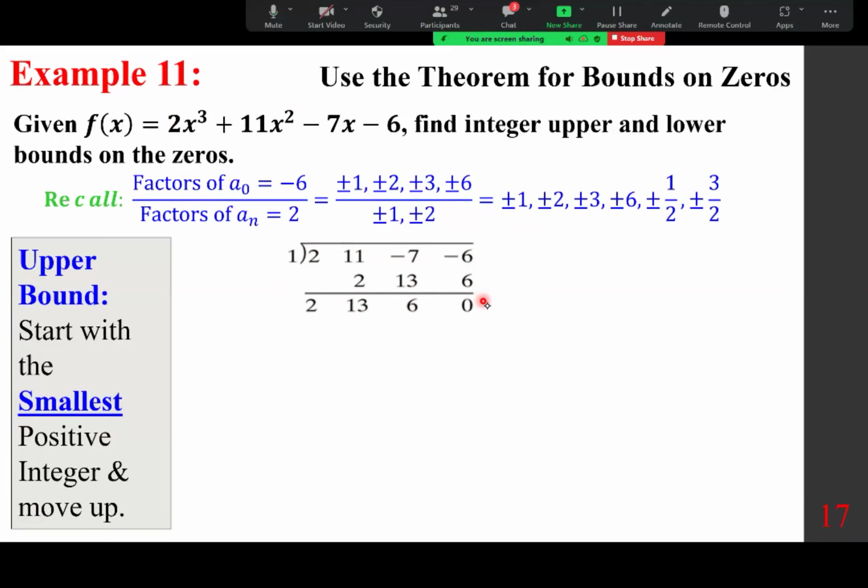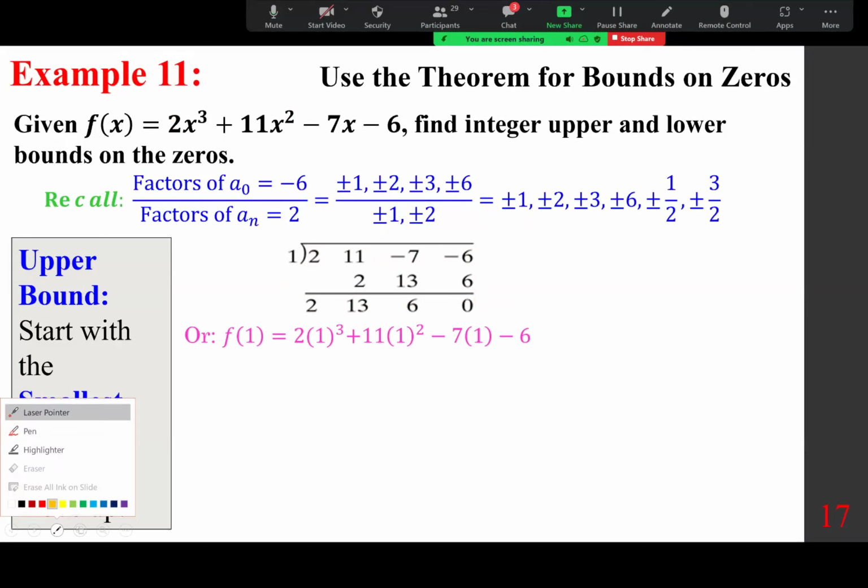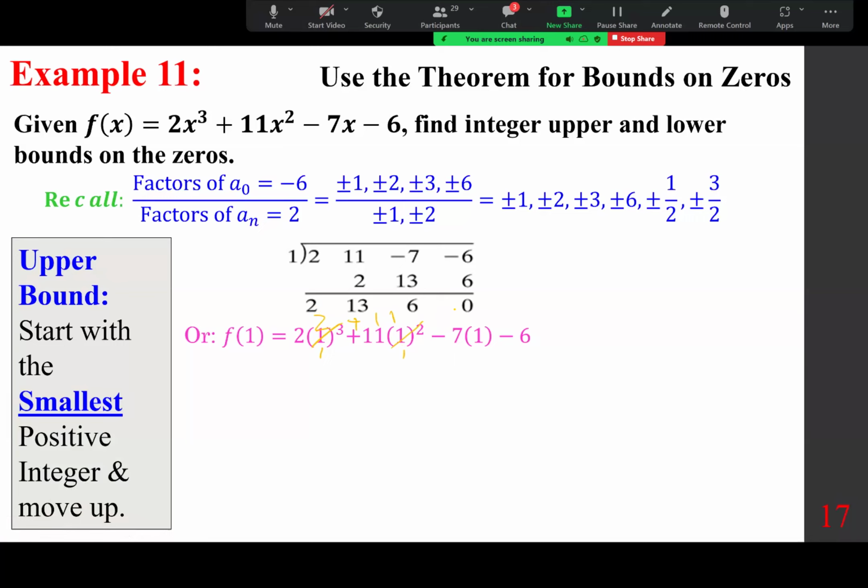As you recall, this was a 0 of the function anyways, or if you look at f of 1. Okay, if you plug in 1, you will get 0, which actually we got lucky.